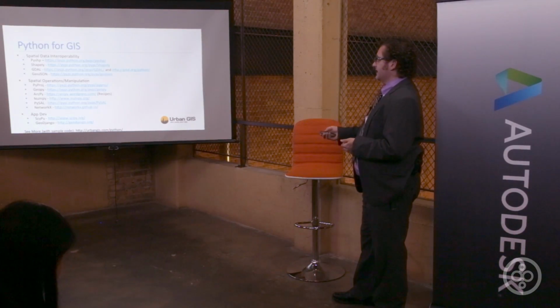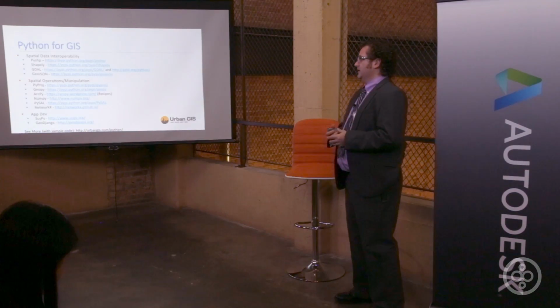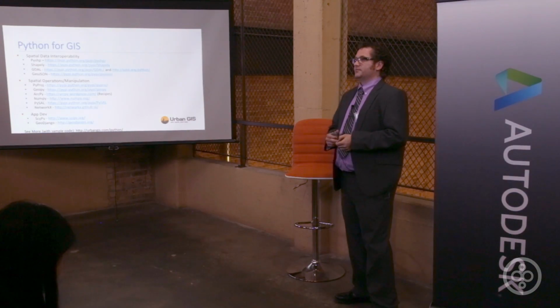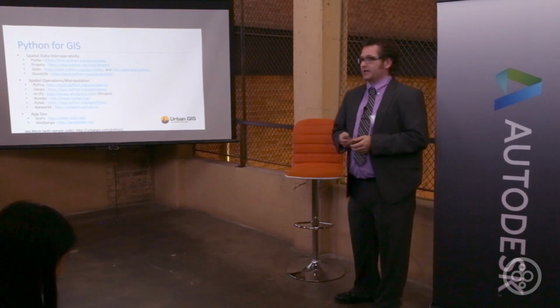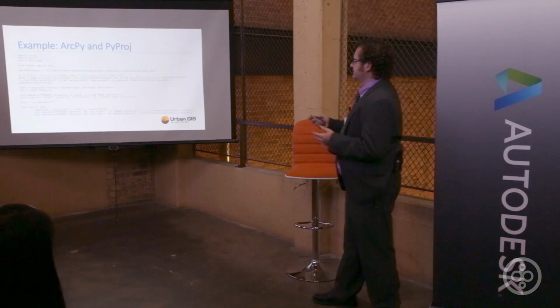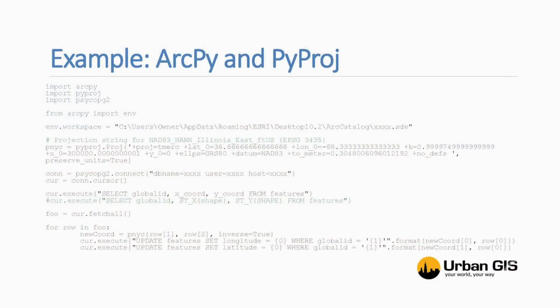And then NumPy is not necessarily spatial in nature, but I've used it frequently to represent and interact with that spatial data. Okay, so here's an example of how I've worked with ArcPy and PyProj in order to do some spatial transformation and reprojection.